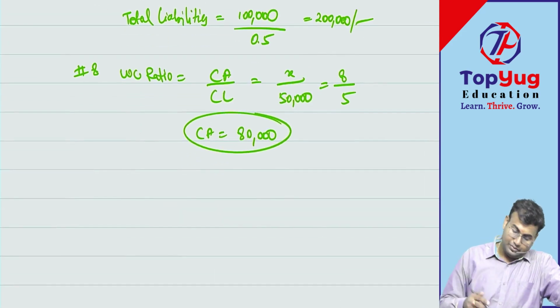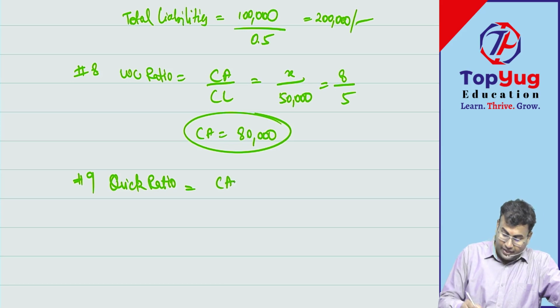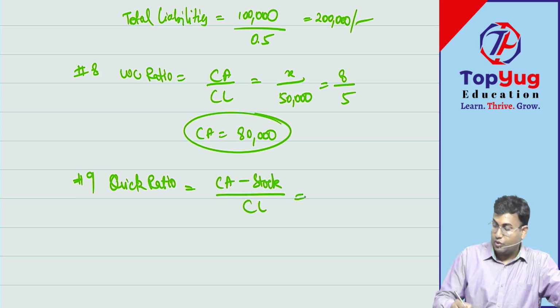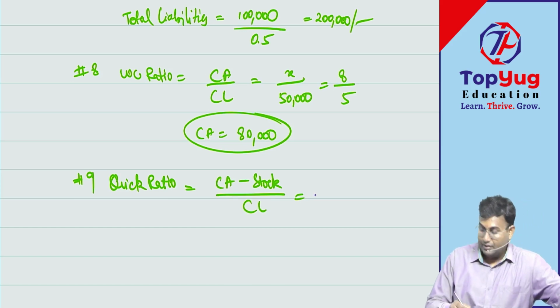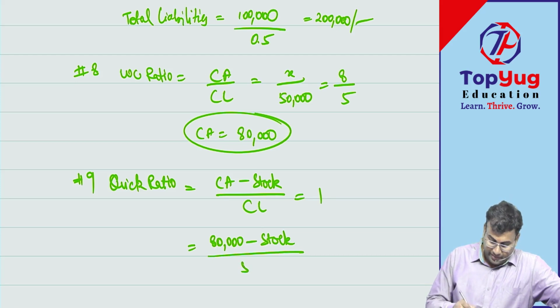So ठीक है sir. Now next item 9, quick ratio. Let us use all information. What is quick ratio? Current assets minus stock divided by current liability is equal to how much has it been given to you? 1 by 1 is 1. So current assets is 80,000 minus stock divided by 50,000.